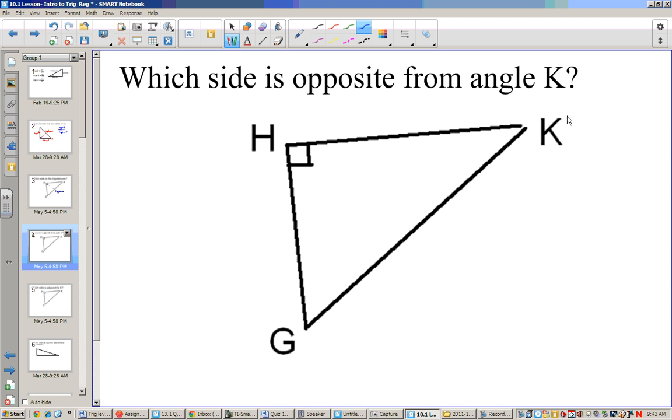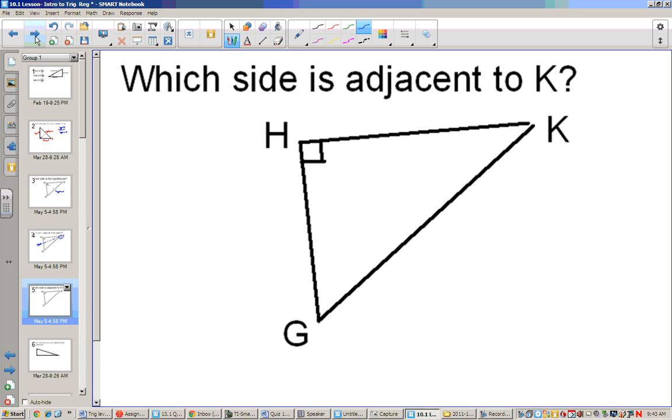So you look and angle K is over here. The side that's opposite is going to be all the way on this side. So that's opposite. GH will be the opposite side. The side adjacent to K, well, we said that this is the hypotenuse, this is the opposite, so HK will have to be the adjacent side.